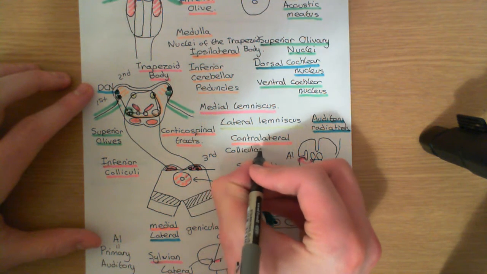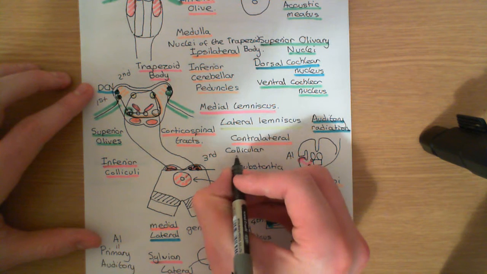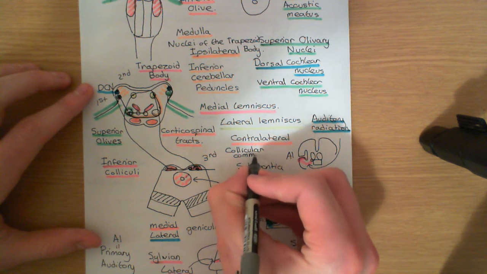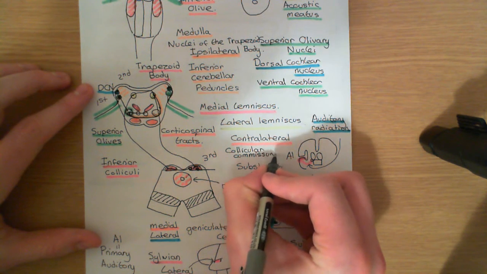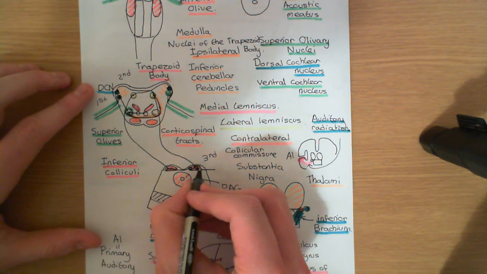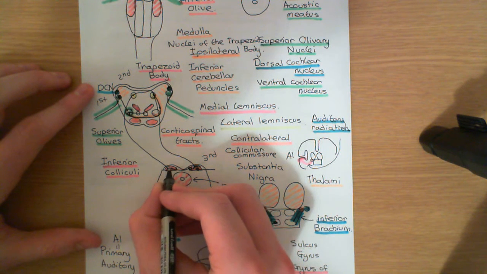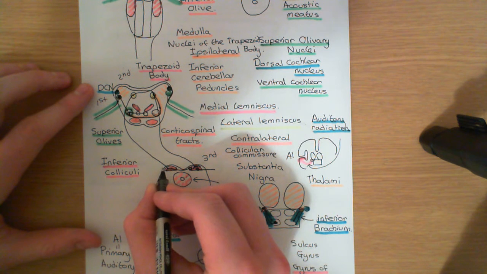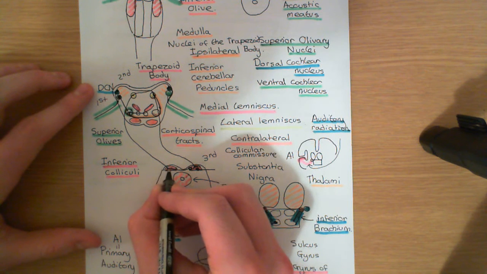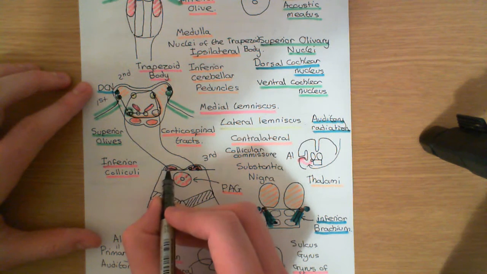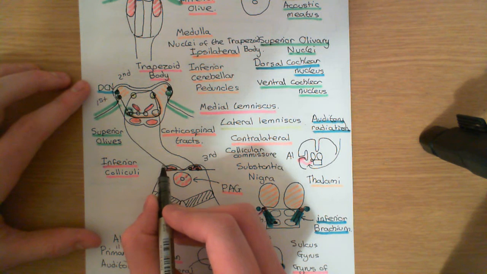Okay, so there is a connection between the two inferior colliculi known as the collicular commissure, and this is where some neurons that have their cell body in the inferior colliculus can actually cross the midline and inhibit the neurons of the contralateral inferior colliculus, and it's going to inhibit these third order neurons of the contralateral inferior colliculus.